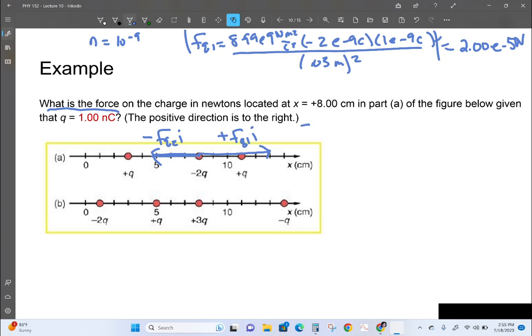So FQ1 is going to be 2.00 e to the negative 5, and notice that this is in the positive i direction, newtons.